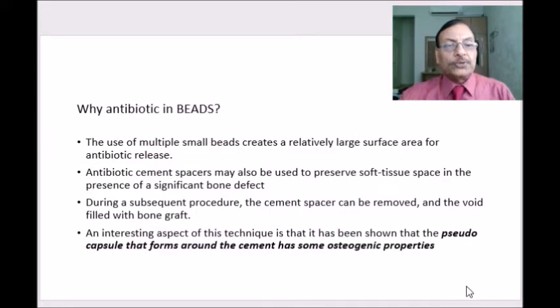What does it do if you give the antibiotic beads? The use of multiple small beads creates a relatively large surface area for antibiotic release. It also serves the purpose of a spacer. Antibiotic cement spacers may also be used to prevent soft tissue spaces in the presence of significant bone defect.